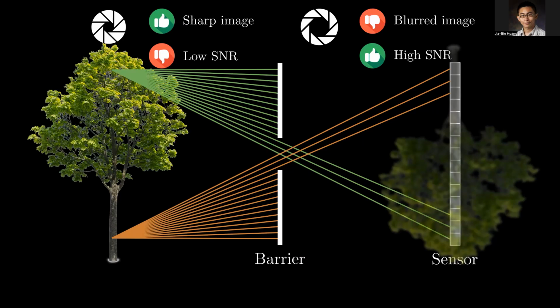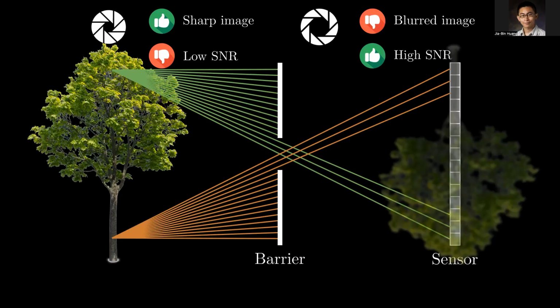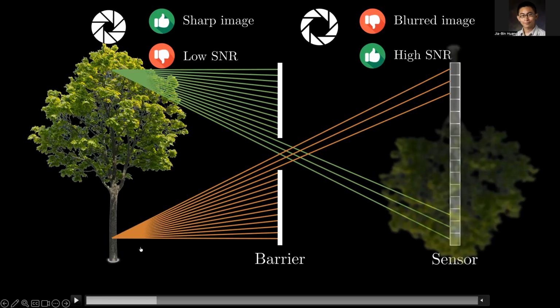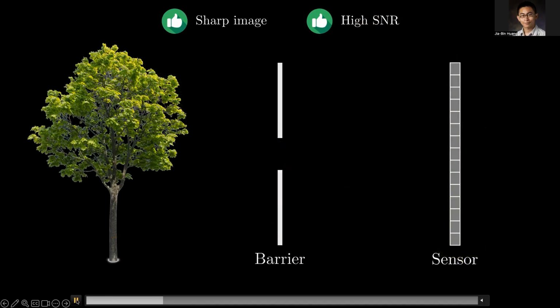The simple model we had, changing the barrier, doesn't really work, because when you increase the barrier size, you get more light, but those lights are not located at the same point. So we want both a sharp image and high SNR.